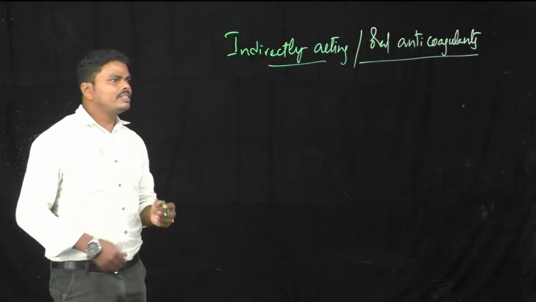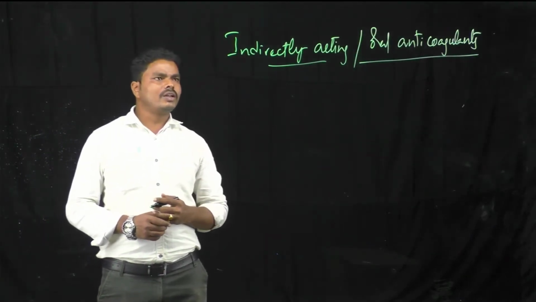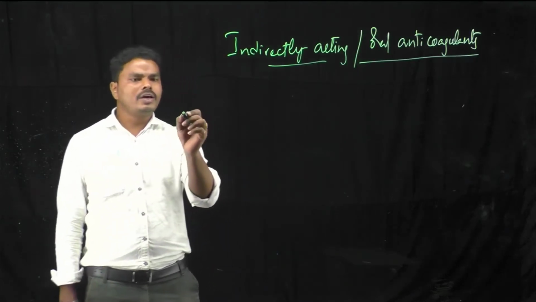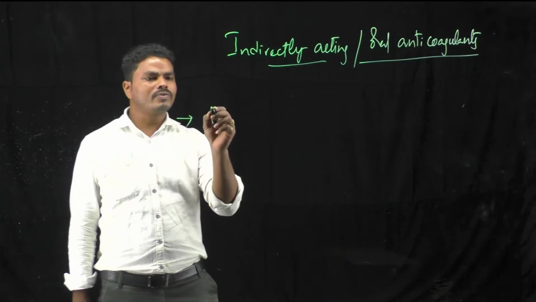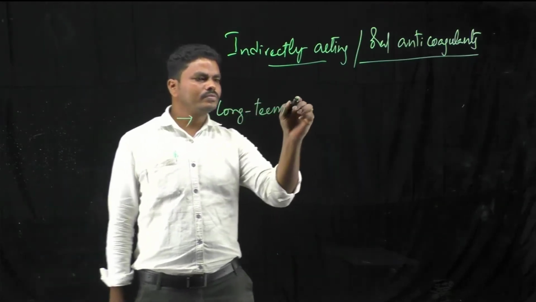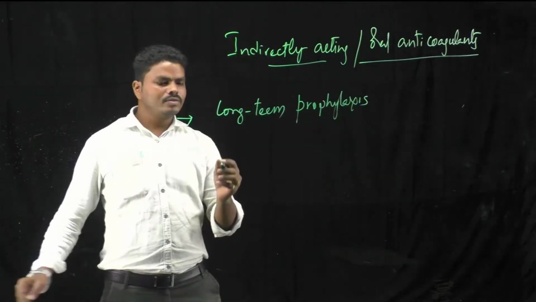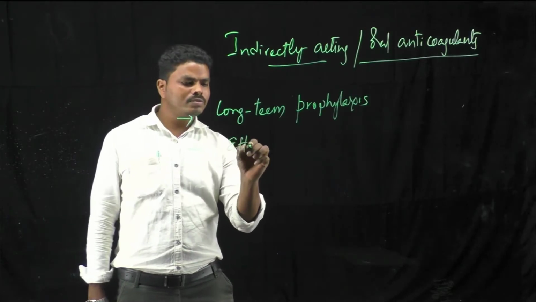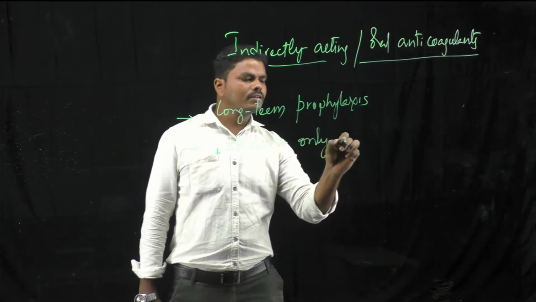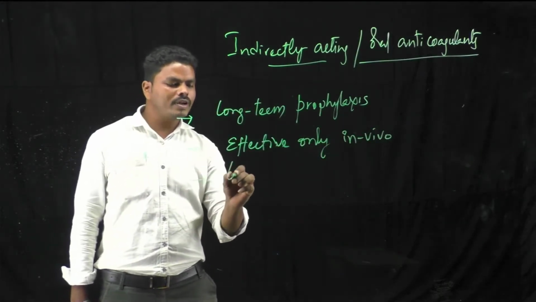These agents are generally administered orally, so that's why they are called indirectly acting or oral anticoagulants, and they are generally used for long-term prophylaxis. And they are effective only in vivo and show longer duration of action.